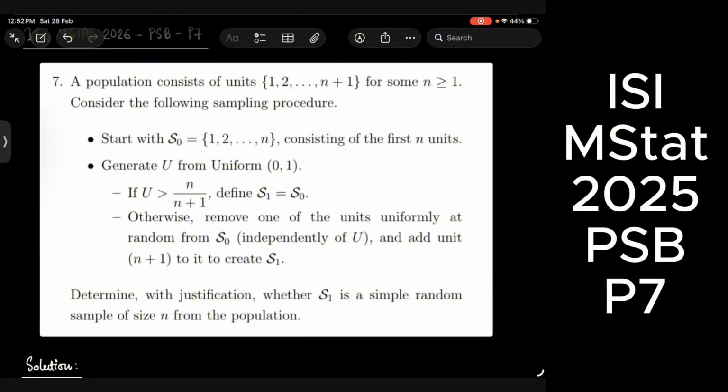If my sample observation is 1 2 3, then 2 will come in exactly equal number of samples, and 1 will come in exactly equal number of samples. That is the thing.